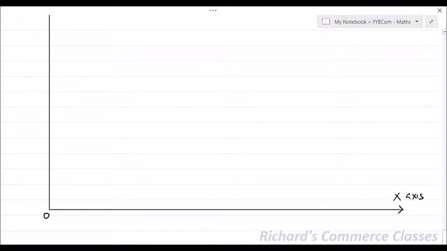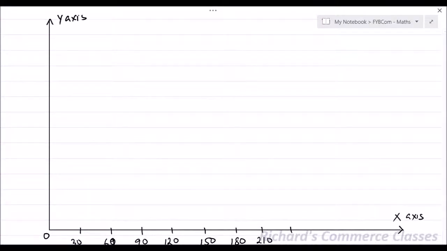That was 30 to 60, 60 to 90, and so on. On the y-axis, we will have the frequency, where we will plot at a difference of 20.